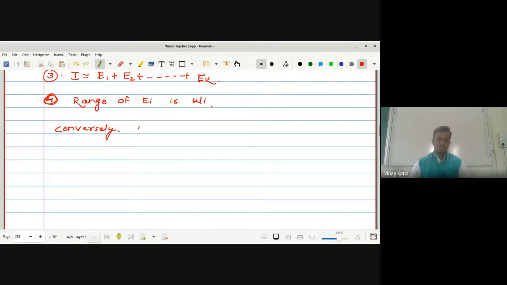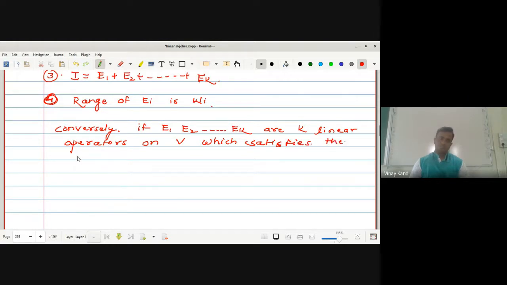And conversely, if E1, E2 up to so on Ek are k linear operators on capital V which satisfy the conditions 1, 2, 3 and 4, then V is equal to W1 direct sum of W2 direct sum up to so on Wk.